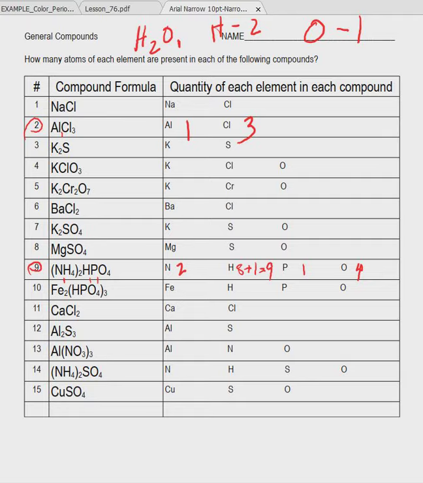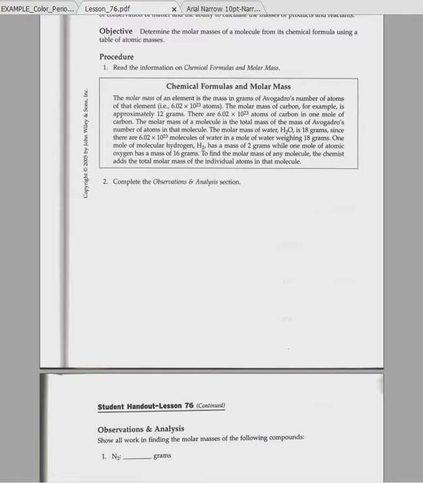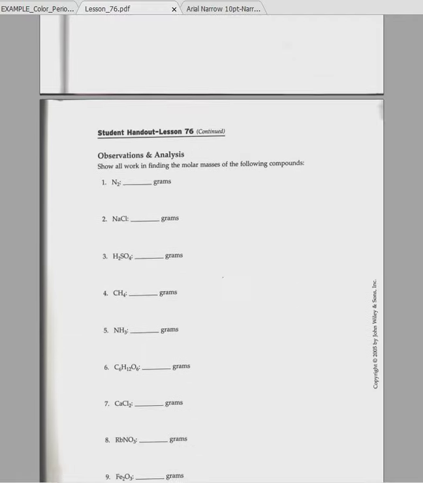And then that leads us to lesson 76, which is figuring out molar mass. We'll start with water. Water is going to have a handy dandy formula of H2O. Even though we don't write it, we know that there's one piece of oxygen.